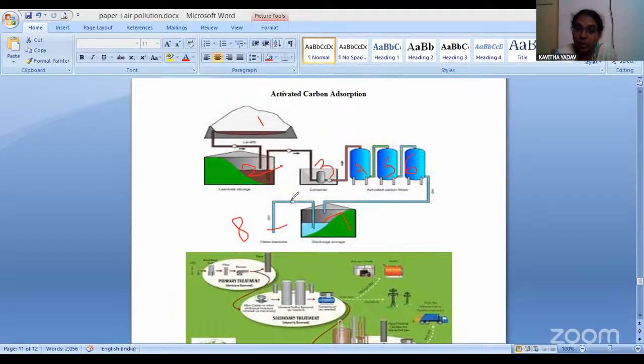In this activated carbon adsorption system, mainly six chambers are there. In the first chamber, the activated carbon will be included.